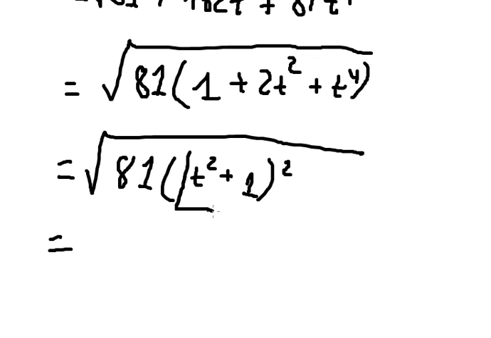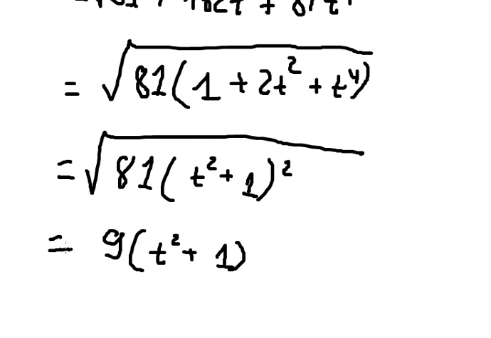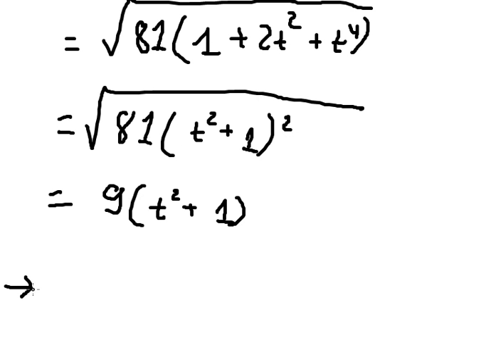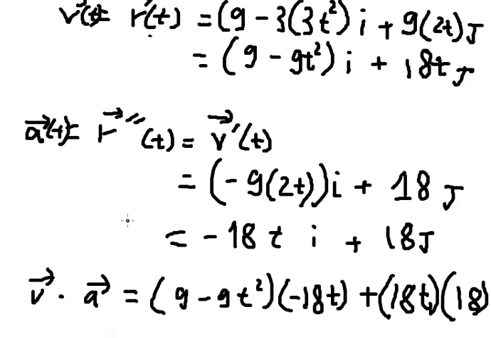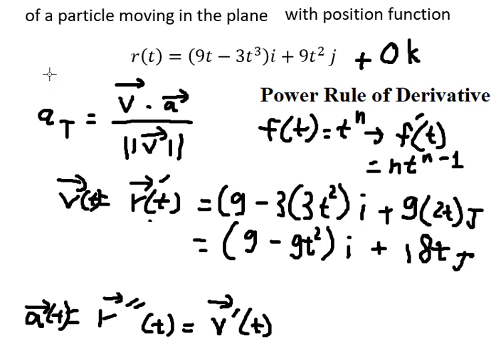We know that they always provide a positive number. So if we put this outside the square root, we have 9 multiplied by (t squared plus 1). So after we have everything in here, we combine the answer.